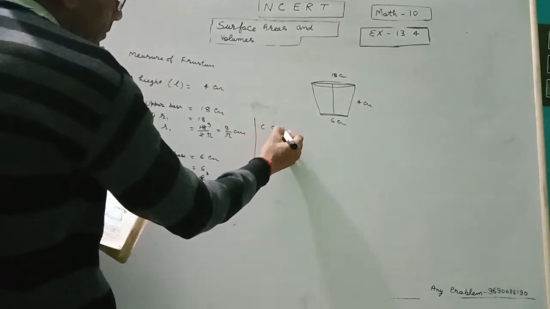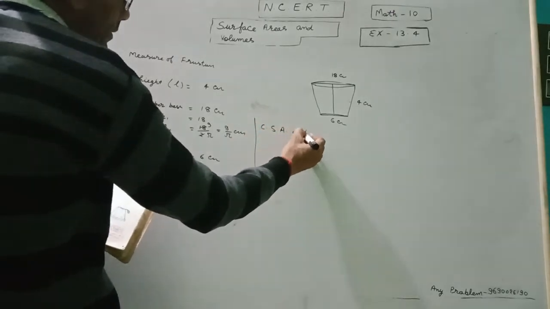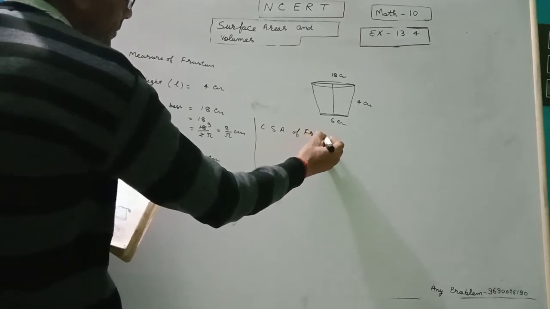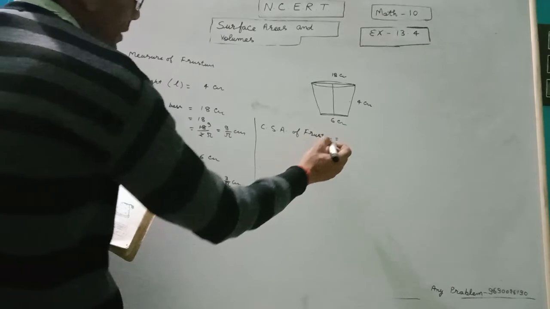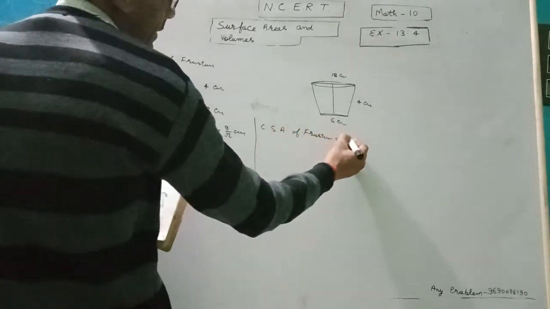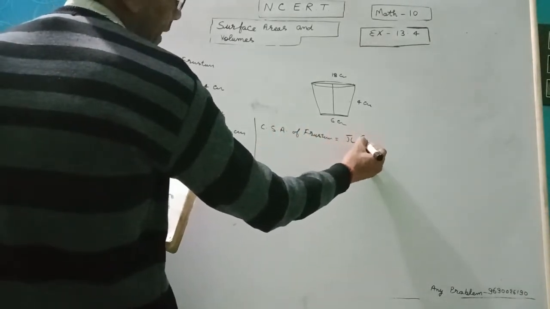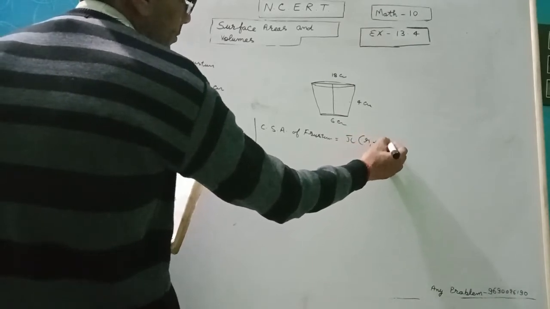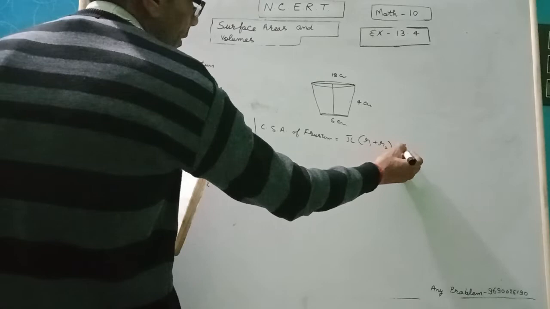CSA of the frustum will be pi bracket r1 plus r2 into L, the formula.